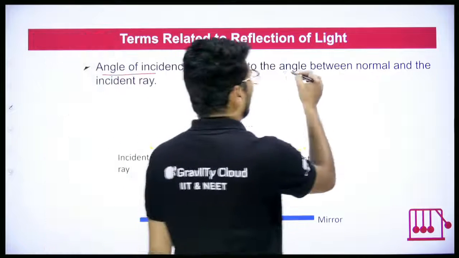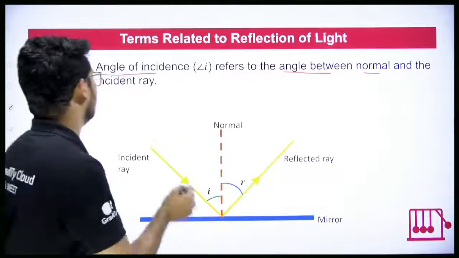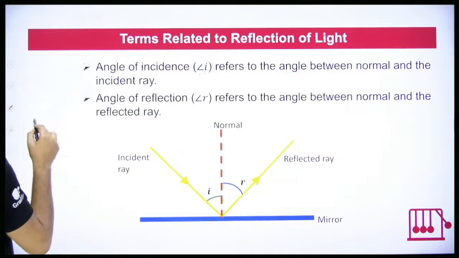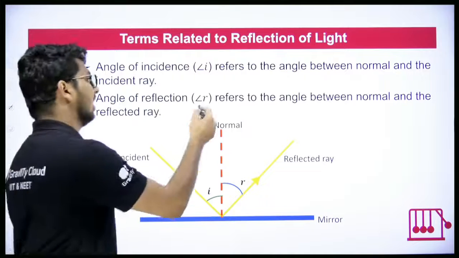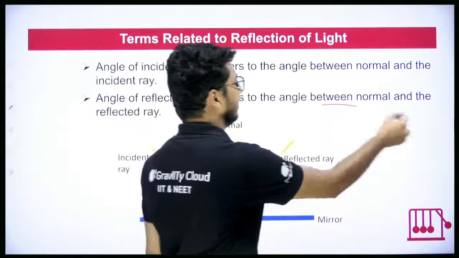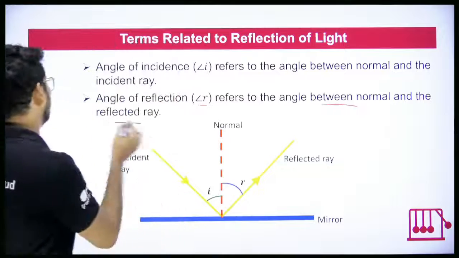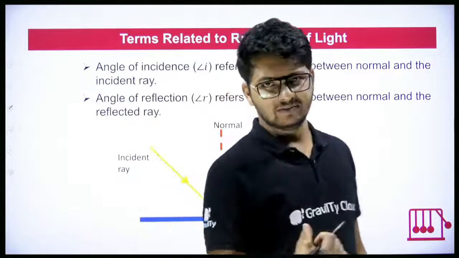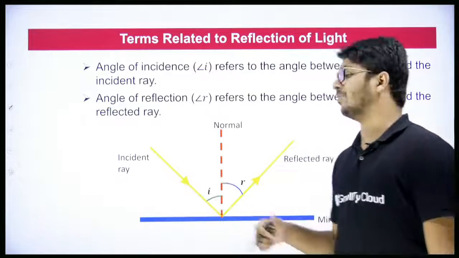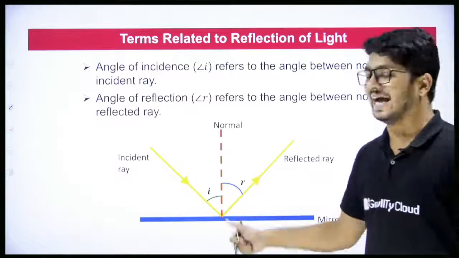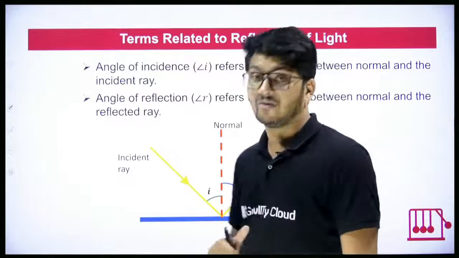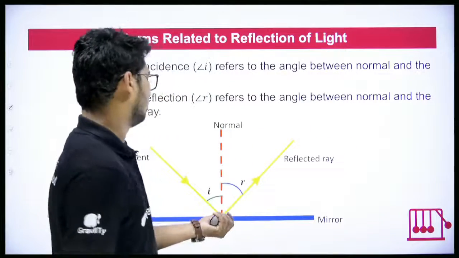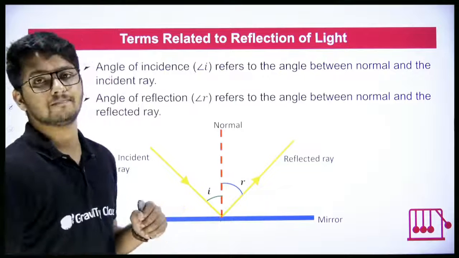It refers to the angle between normal and the incident ray. The symbol is small i. And angle of reflection, R, refers to the angle between normal and the reflected ray. Simple enough. So we know all the terms: incident ray, normal, reflected ray, angle of incidence and angle of reflection. The main terms. And obviously there is point of incidence, this point.